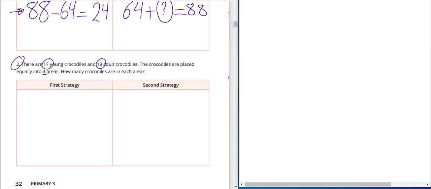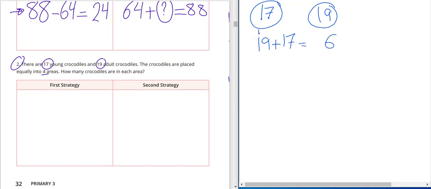So we have 17 young and 19 adult. So get the total at first. 9 plus 7 equals 16, 6 and group 1, 1 plus 1 equals 2, 2 plus 1 equals 3, so 36 crocodiles.